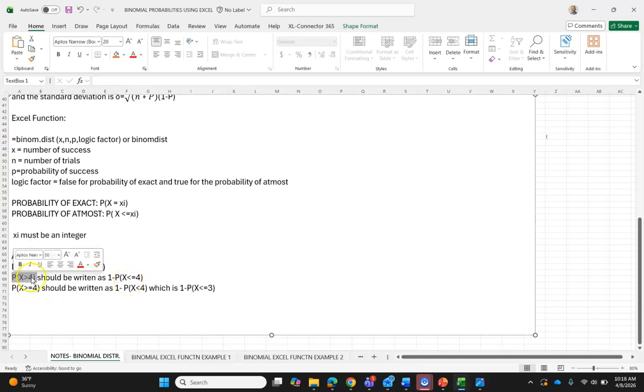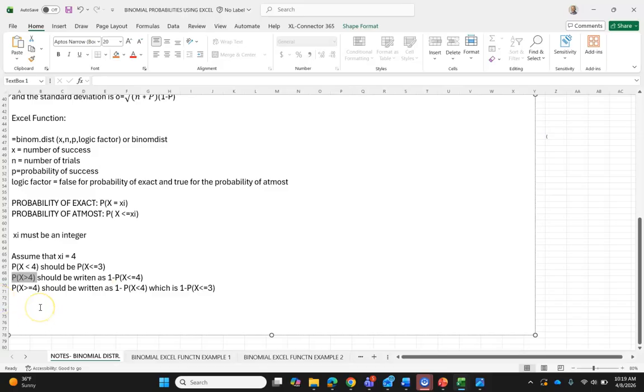Since 4 is not included, we will include it here. And therefore, we're going to have 1 minus probability of x such that x is less or equal to 4.